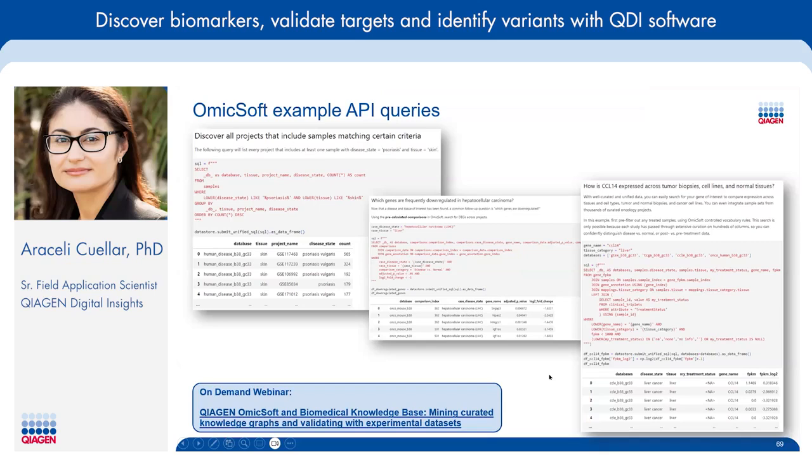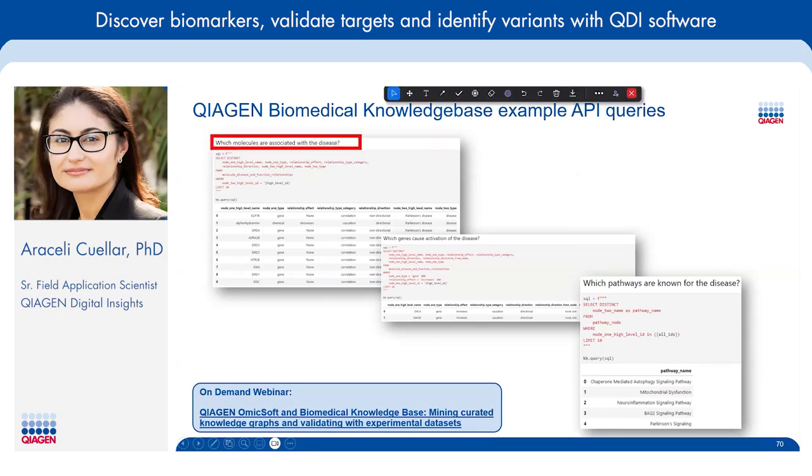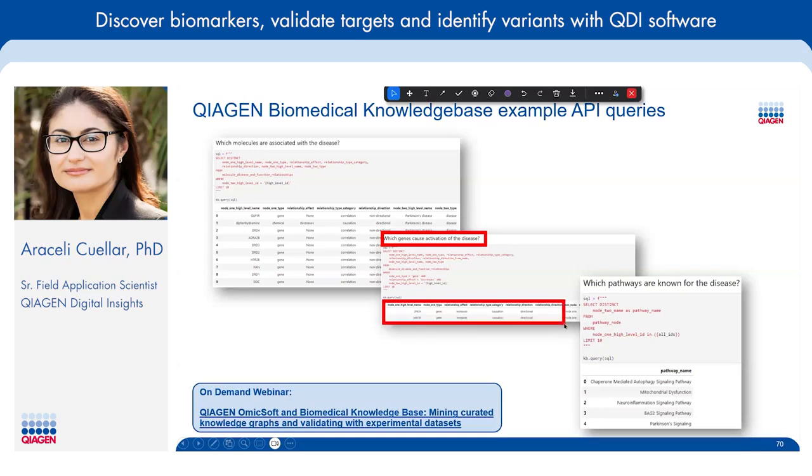And for those of you that are interested in the information that makes up and powers IPA, here are some examples of what you can do with the QIAGEN Biomedical knowledge base to answer questions such as, which molecules are associated with the disease. Again, you can use the metadata and the categories to find that information. You can answer questions such as which genes cause activation of a disease state, or which pathways are known for a disease.